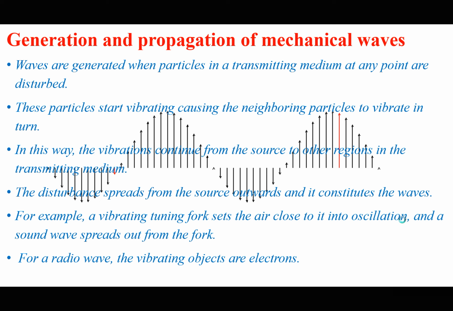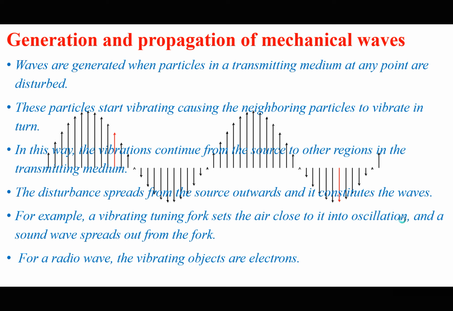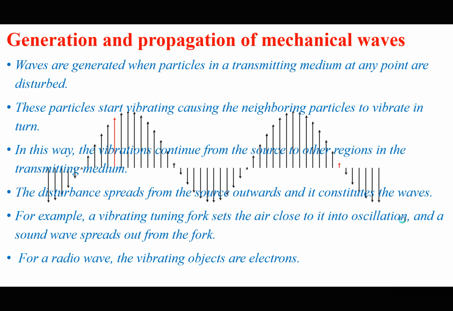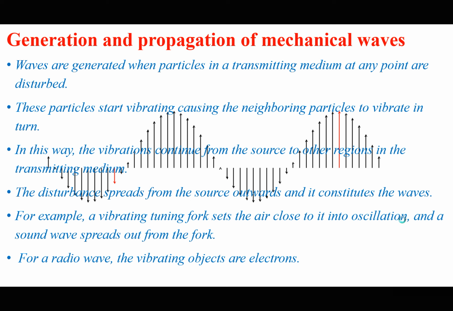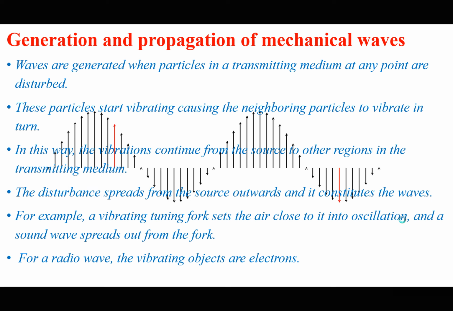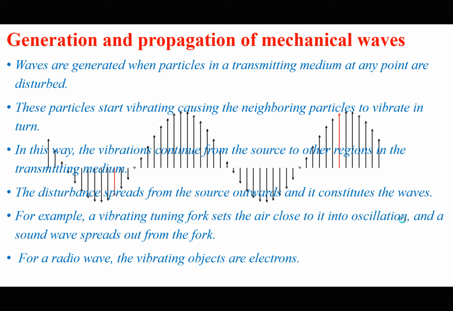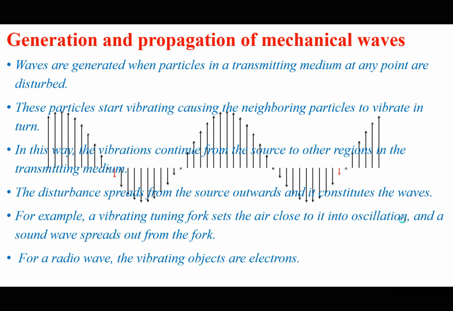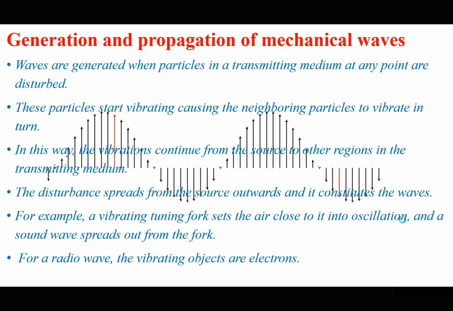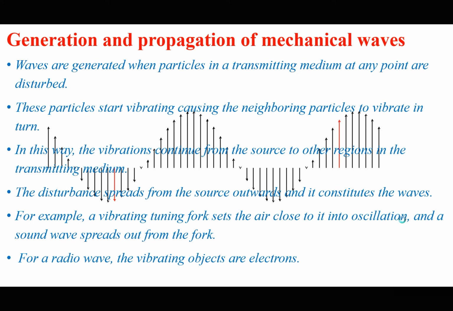Of course, if we talk about radio waves, these are the ones responsible for radio communication, and the radio waves fall on an antenna of a radio. These are going to cause oscillation of charge carriers, or they are also produced by oscillation of charge carriers. So it is these oscillating charge carriers which produce the radio waves, and the same oscillating charged particles which pick up the radio waves.